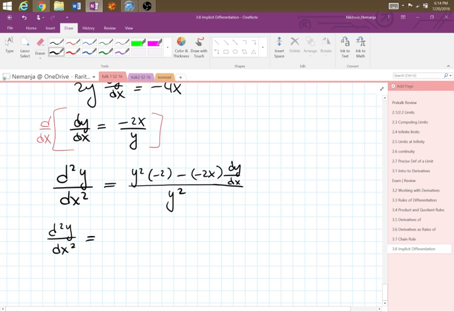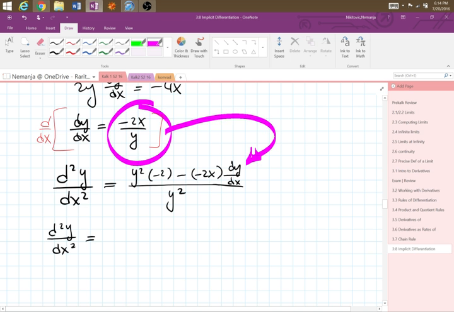I know that the first derivative shows up there, but guess what? This thing, which is the first derivative, actually plugs in there, if you want to simplify everything and have everything in terms of x and y.